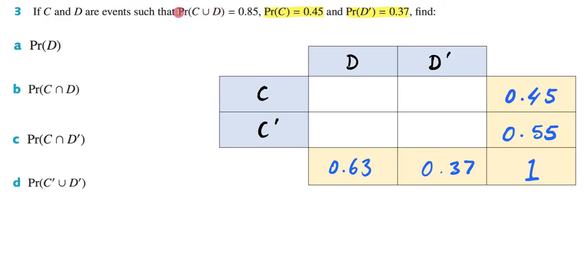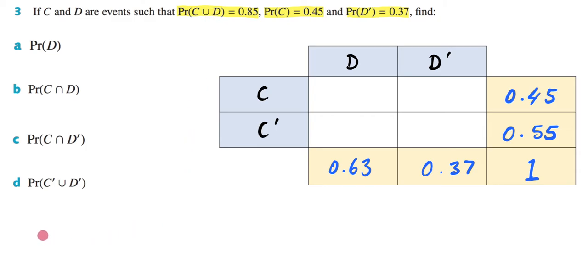Well, they give us that the probability of C union D is going to equal 0.85. Now that's a bit strange because all of these have to do with intersection points. But we know that the probability of C union D, we can use the addition rule to find something interesting.